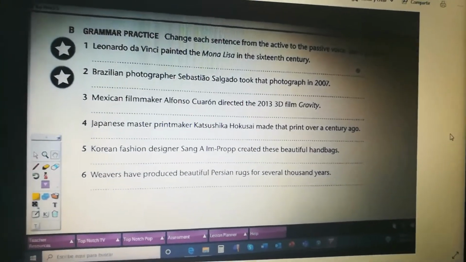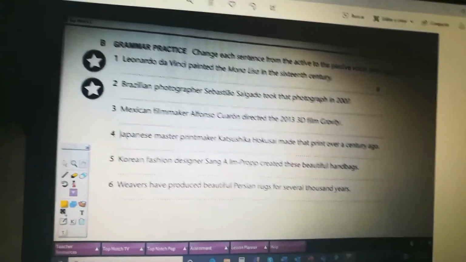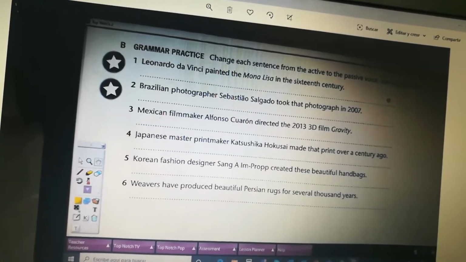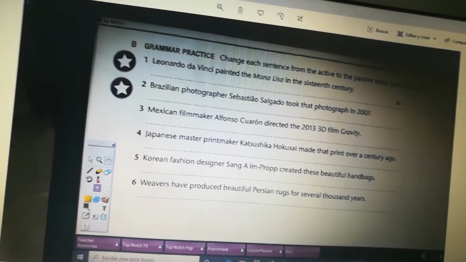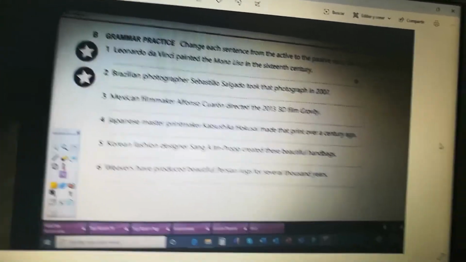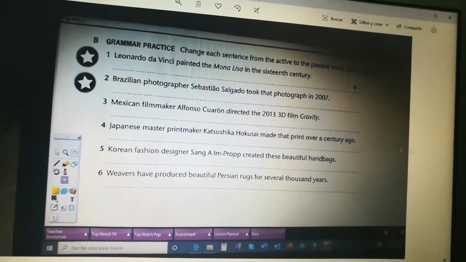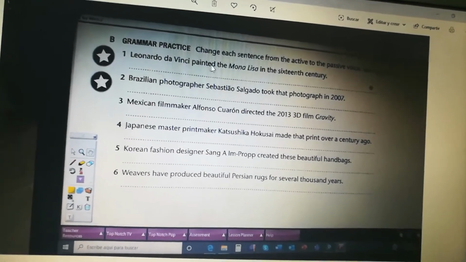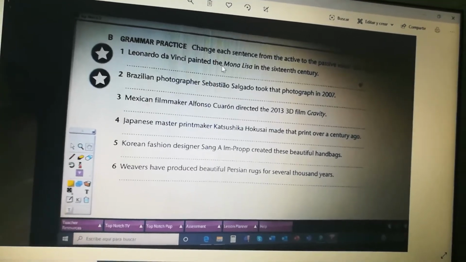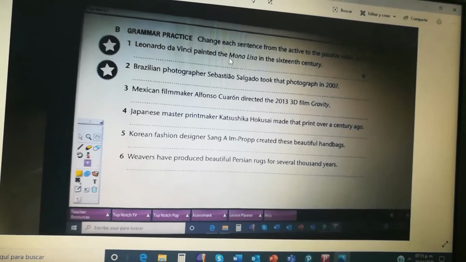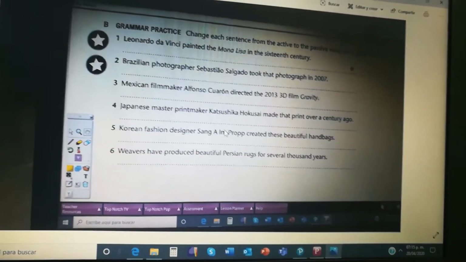So the sentence would be: the Mona Lisa was painted by Leonardo da Vinci in the 16th century. You need was, okay? Because the sentence is in the past, you have painted. So you put was painted.